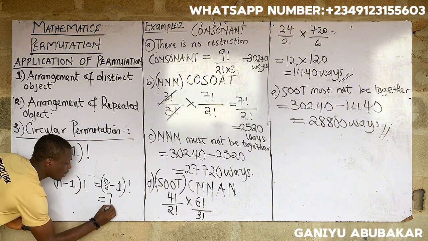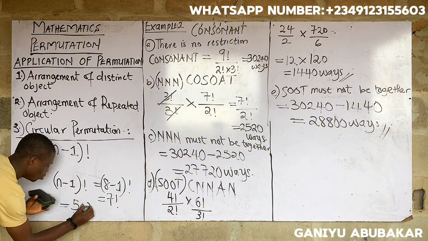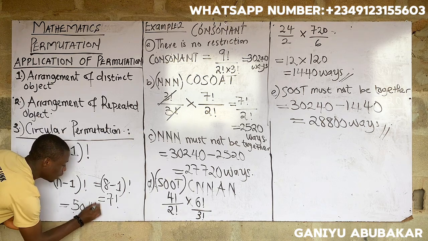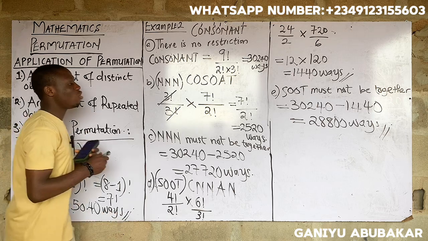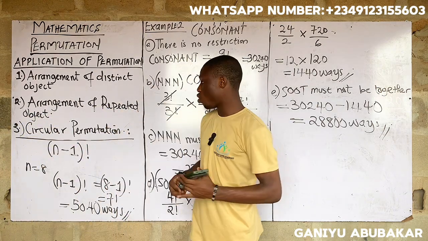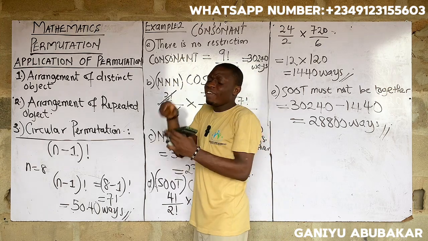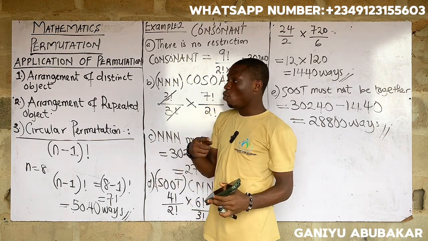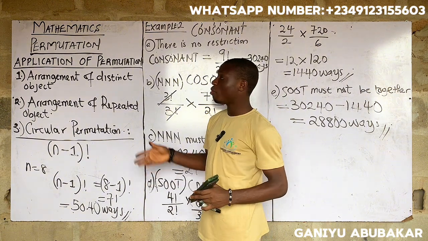That's 7 factorial, and 7 factorial will give 5040 ways. So this becomes your answer under the last application called the circular permutation. Just know that whenever I give you any value, maybe 8 or 9 or 10, just subtract 1 from that value and then take the factorial of that number. So you're off.